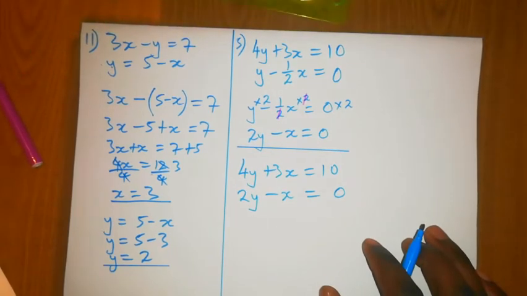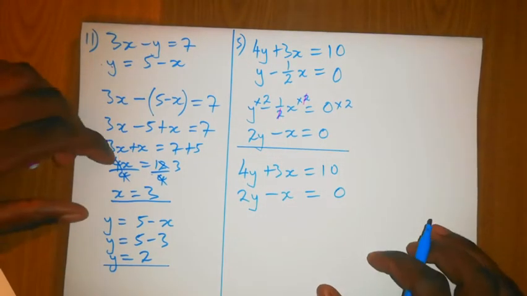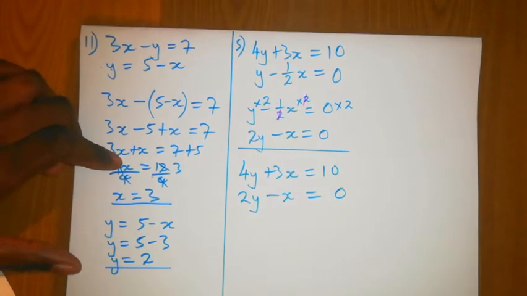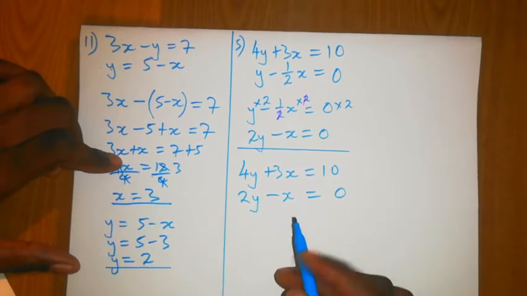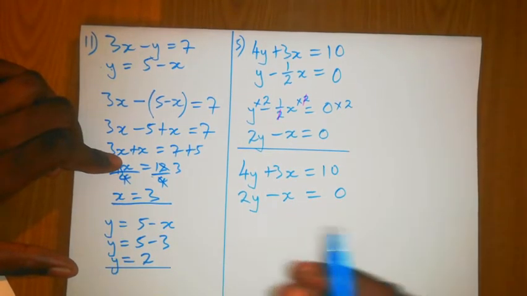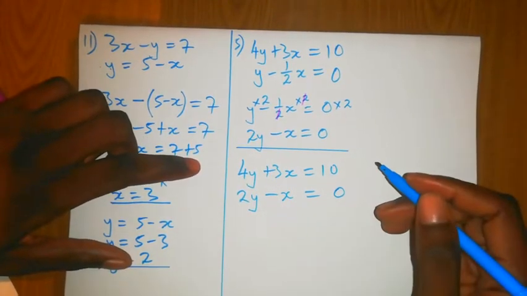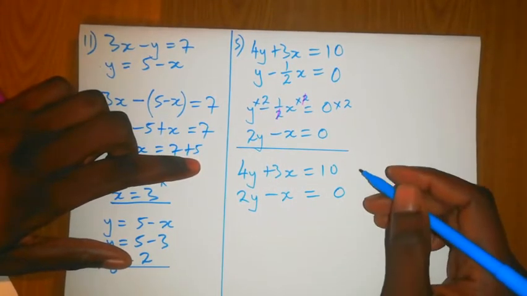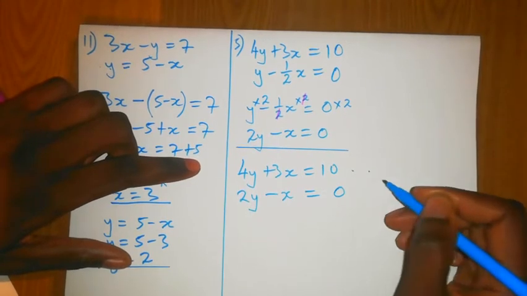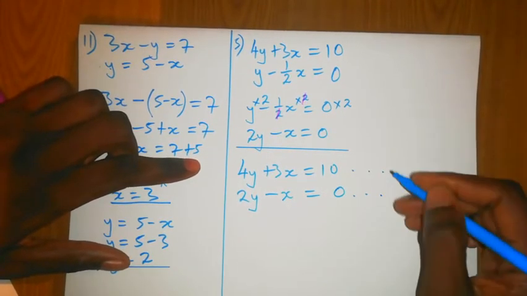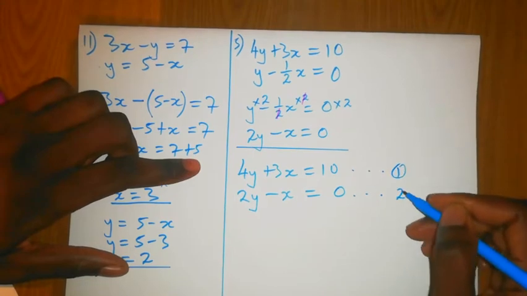It's up to you the method that you want to use. Some may prefer to use the substitution method by making this x the subject of the formula. Either way is okay. There are many ways of killing a cat. So in this case, let me use the elimination method. So I would say this is my equation 1, equation 2.